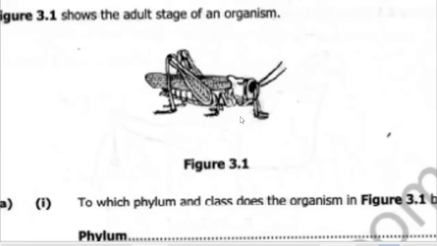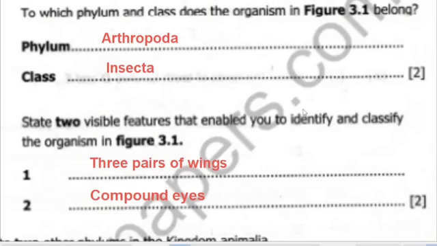So let's write these answers. Alright, so we have said it has got 3 pairs of wings and the compound eyes, and we can also say it has got the exoskeleton. We can also say it has got 3 body parts, that is the head, the thorax, and the abdomen.